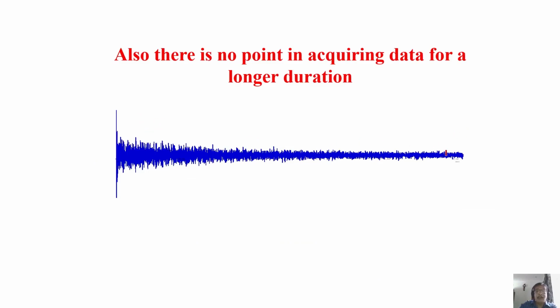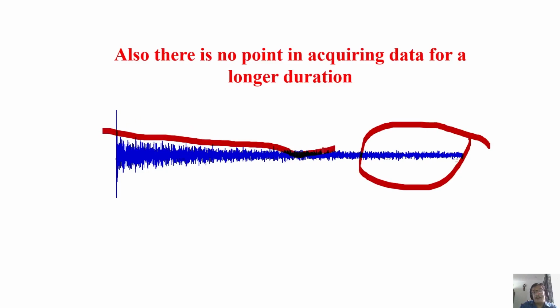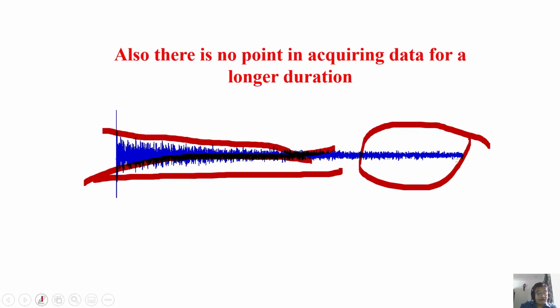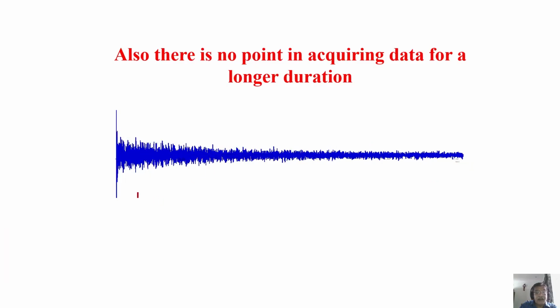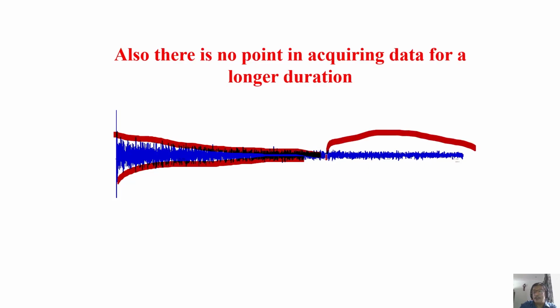And also, there is no point. Let's say your FID has died down somewhere here. You can see very clearly. I'm not a good artist, so I'm not drawing this properly. See, it has died down here. And if you acquire the signal for a longer time, what are you going to get? It is only noise.